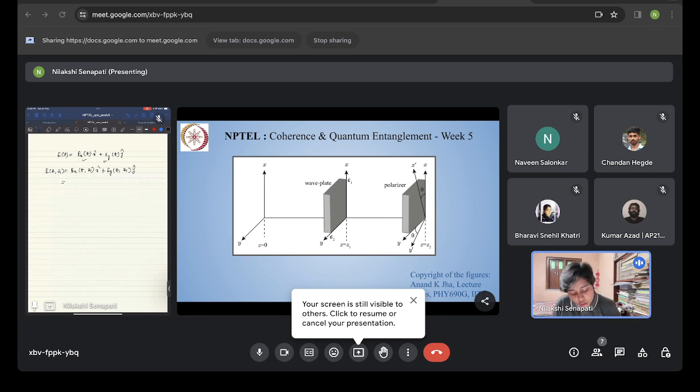That means you need to understand the Jones matrices of the optical elements, because these polarizers or wave plates can all be represented in terms of a matrix or tensor.